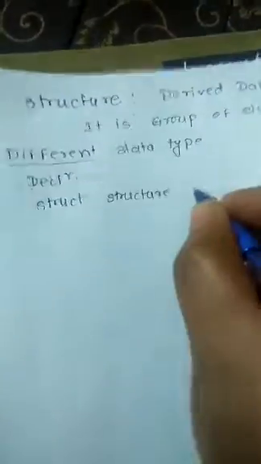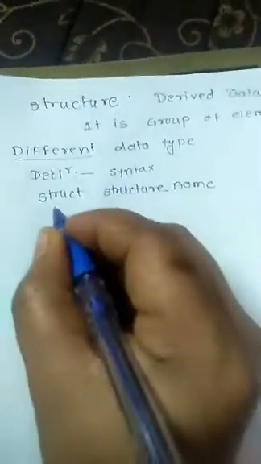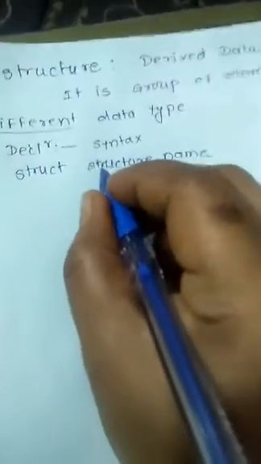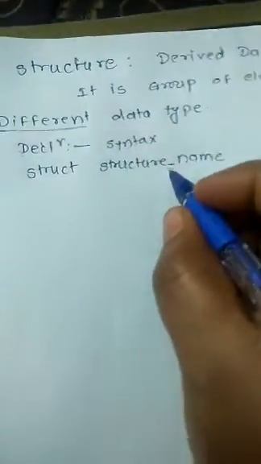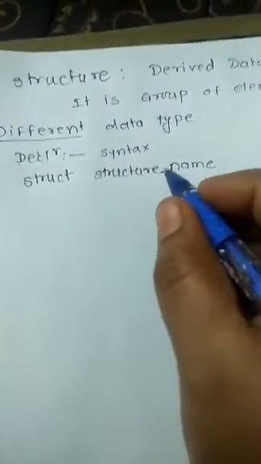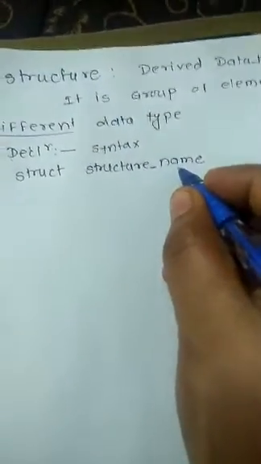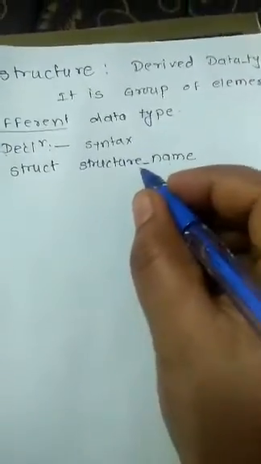Now I write the structure declaration syntax: struct and a space, then write the structure name. The structure name, once again, is an identifier, so you should follow the identifier rules to design your structure name. According to your logic, you can design the structure name.